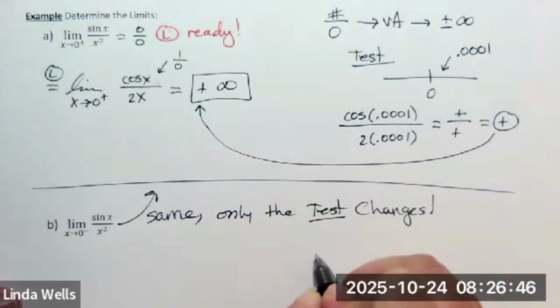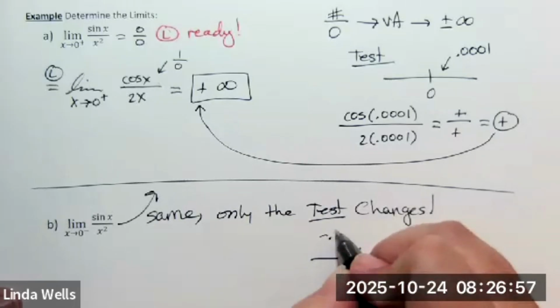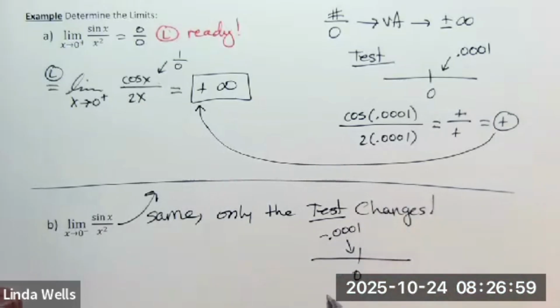So for the test, here's my number line. This time I gotta pick something to the left of 0. Who is to the left of 0? Negative. That'll work. We plug that into our function. So we have cosine of negative 0.0001 divided by 2 times negative 0.0001.